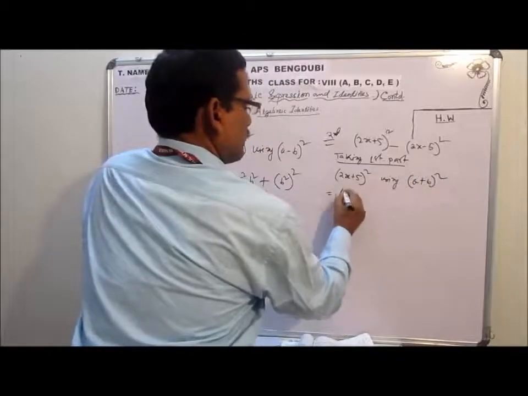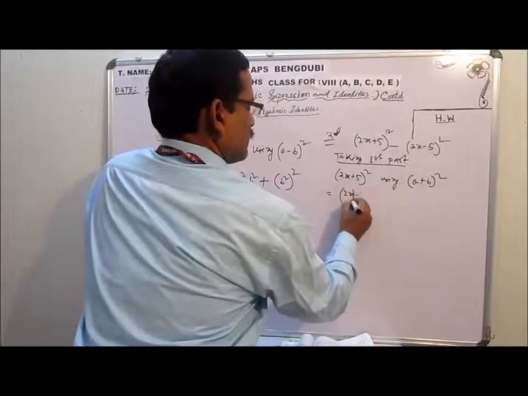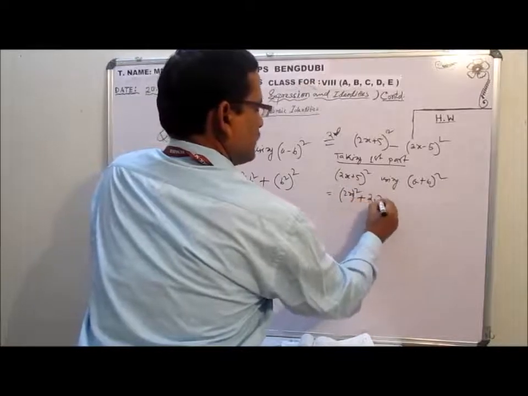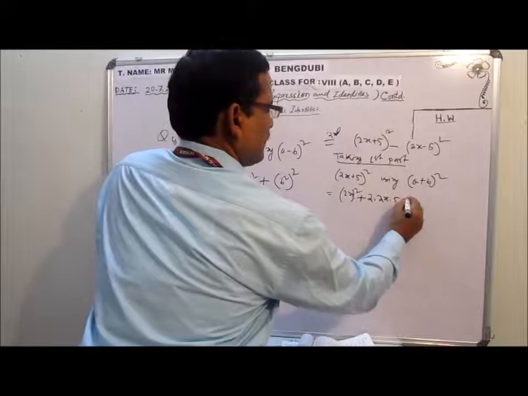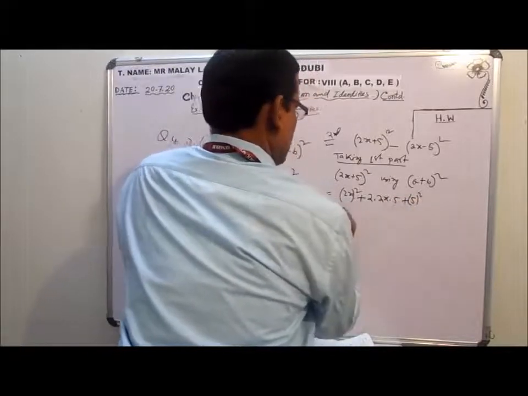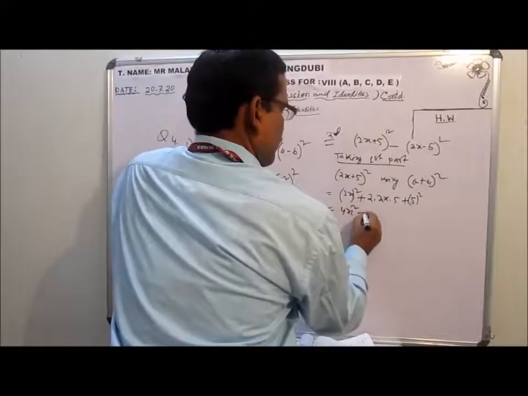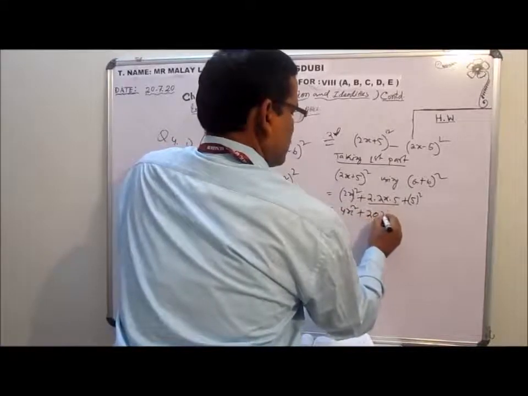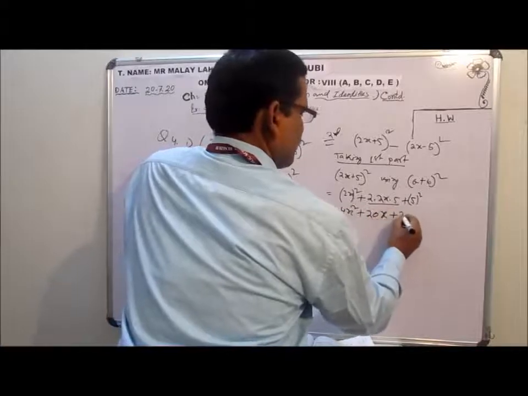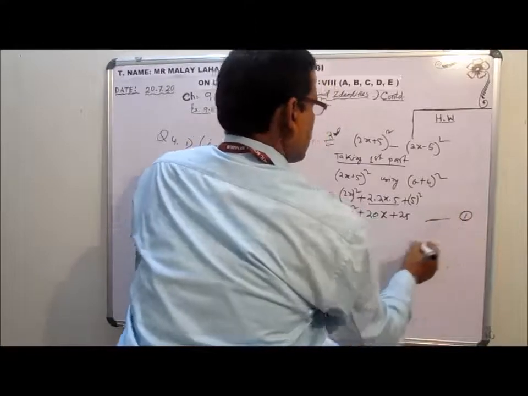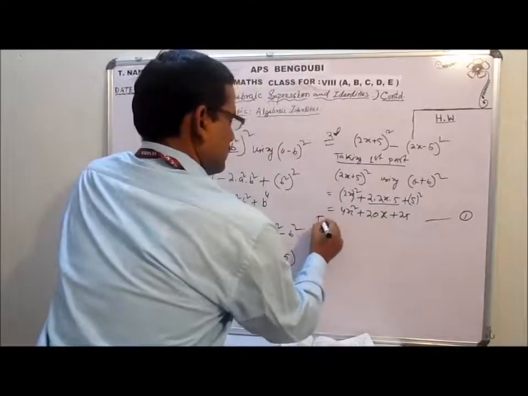It will be a², that means (2x)², plus twice a, that means 2x, times b, that means 5, plus b², that means 5². That equals 4x² plus, what is the product? 20x, plus 25. Okay, this is part 1.